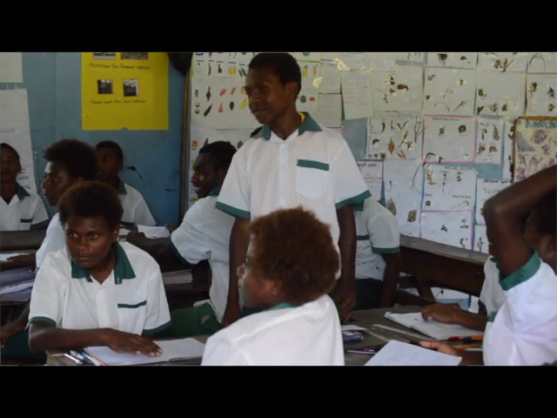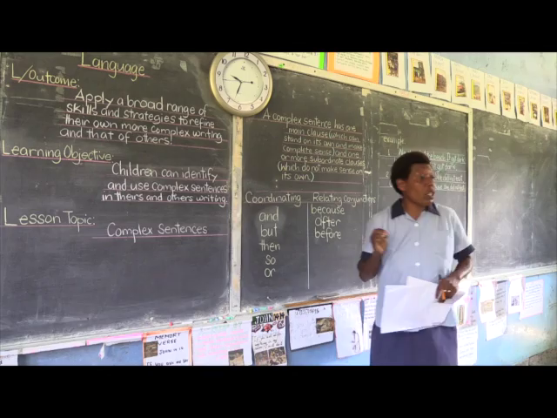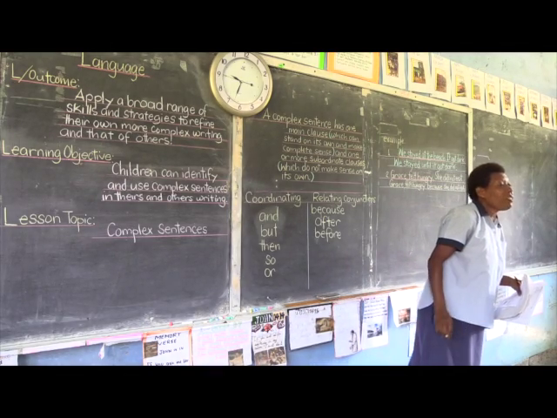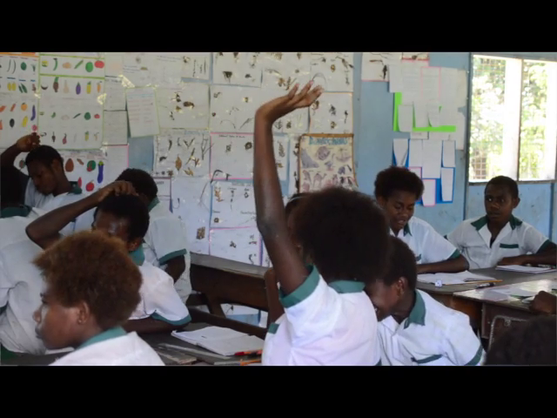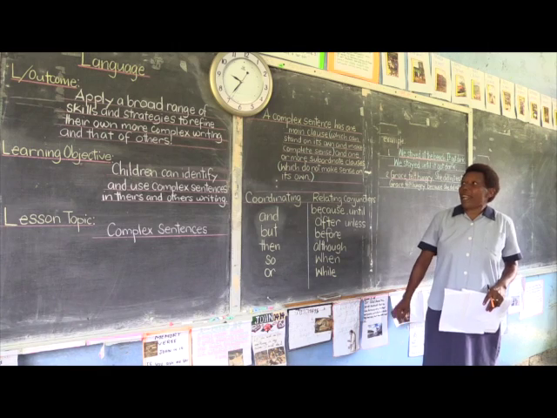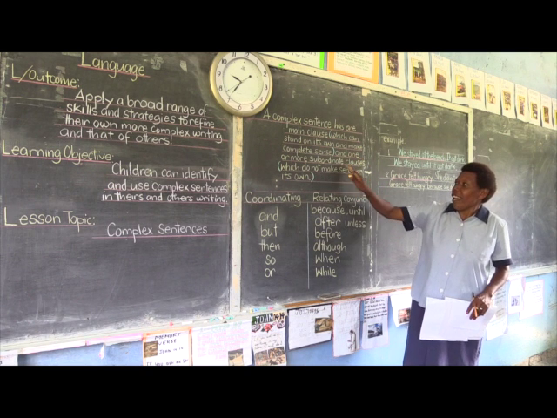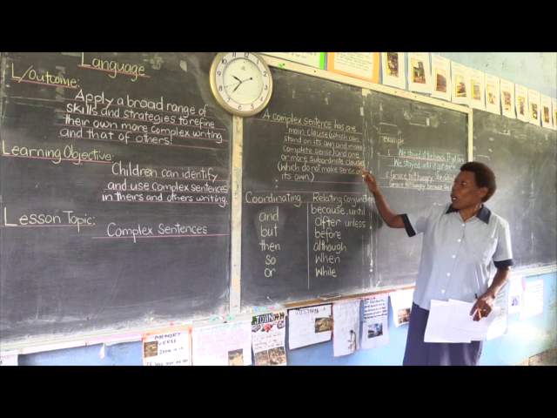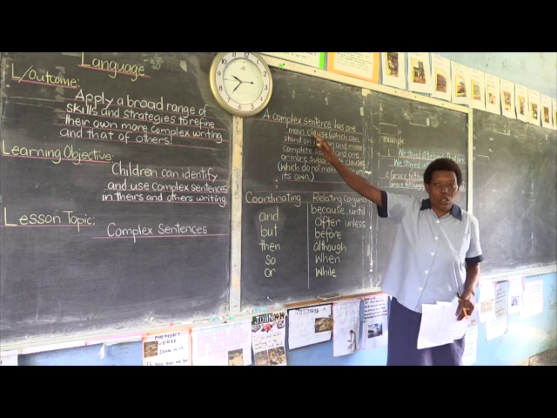Because. Very good. Good. Patrick. Although. Very good. A complex sentence relates a subordinate clause to the main clause.